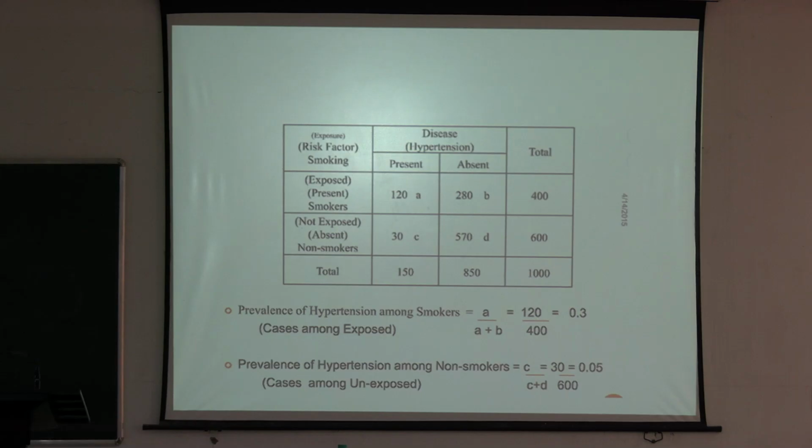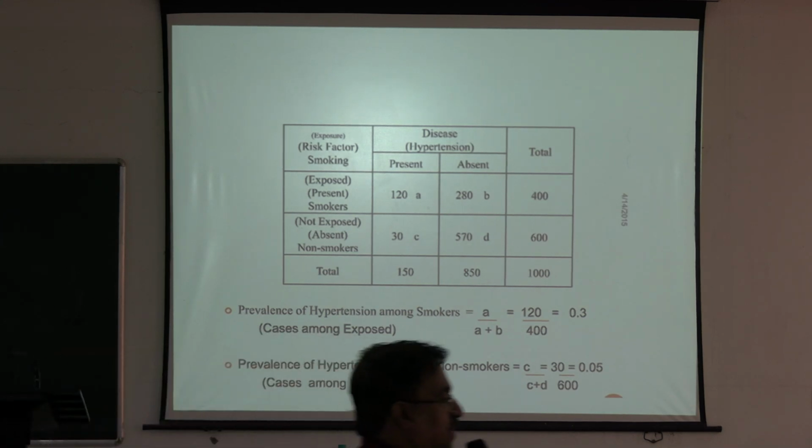So 30 divided by 600. So the prevalence of hypertension among smokers is 120 by 400, which is 0.3. Among non-smokers it is 0.05. Okay.